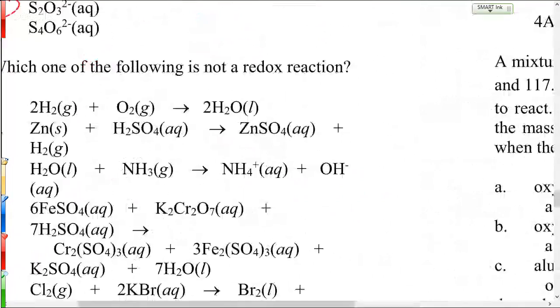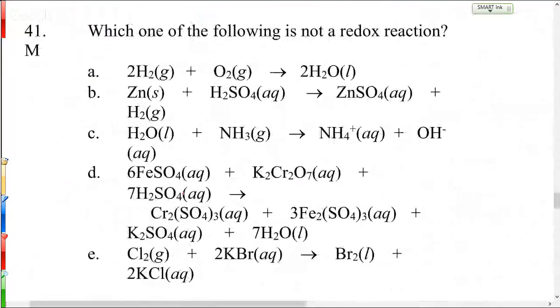Now what about this one down here while we're talking about redox stuff? Which of these is not a redox reaction?